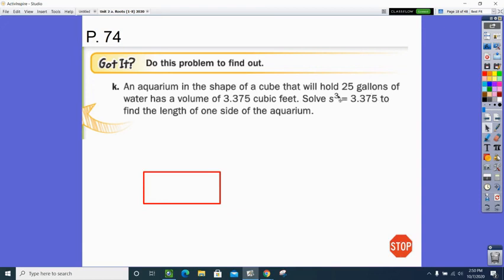So if your cube has 3 decimal places, your answer will have 1 because of dividing that by 3. So we're going to put the decimal in, and the 15 is going to become 1.5. If you took 1.5 times 1.5 times 1.5, you would end up with 3.375.